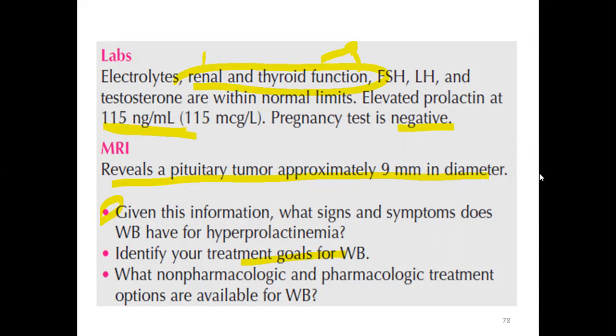Yes, but it is not the primary treatment modality. Why is it not the primary treatment modality? Because it doesn't jeopardize her visual acuity. Exactly. So surgery is an approach, but it is like the last resort. We usually start with pharmacological treatment options like dopamine agonists.